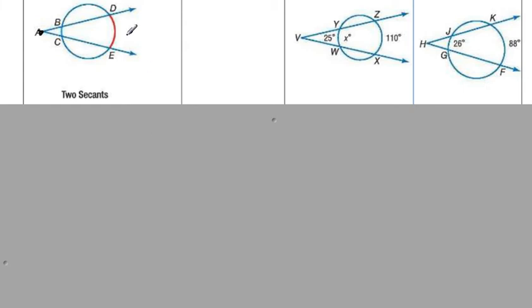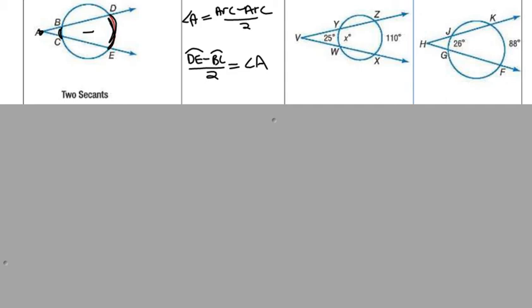So this one's going to be arc minus arc divided by 2 to get angle A. So angle A will equal arc minus arc divided by 2. And you have to take the larger arc first and subtract the smaller arc. So you're going to go kind of in the direction of the angle. So it would be arc DE, the bigger arc, minus arc BC. And it has to be in that order.